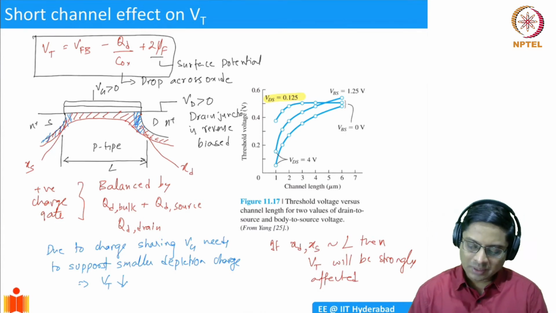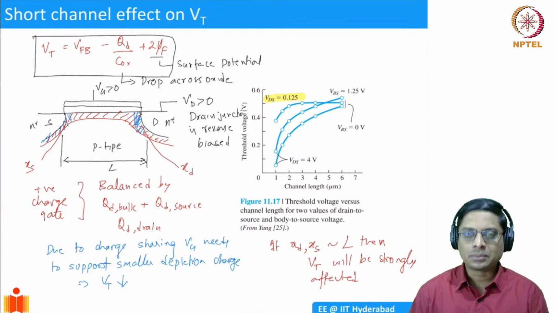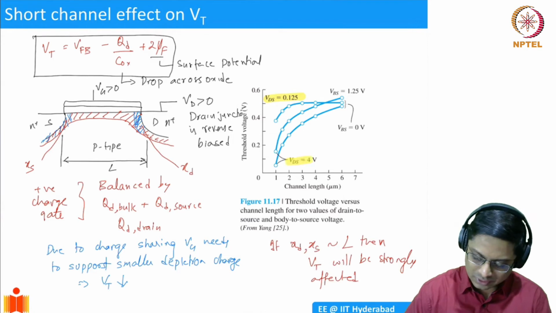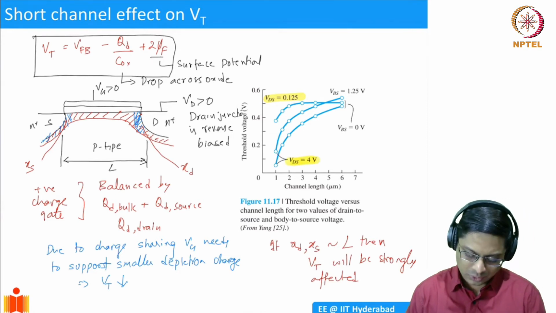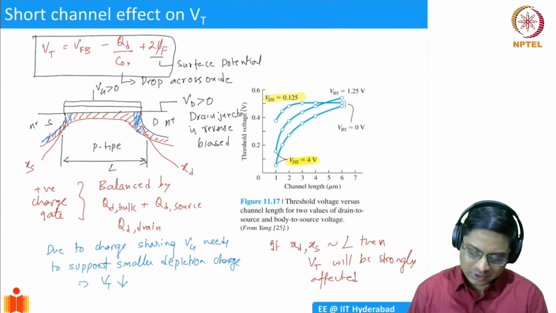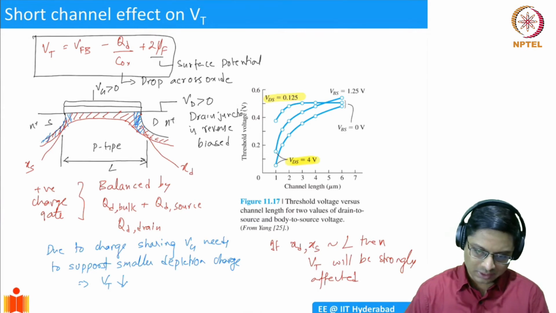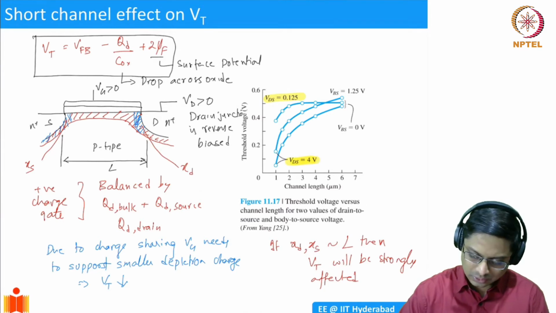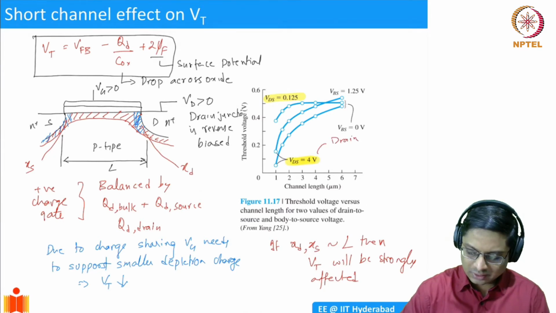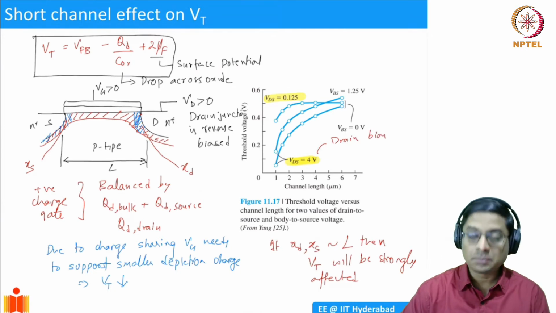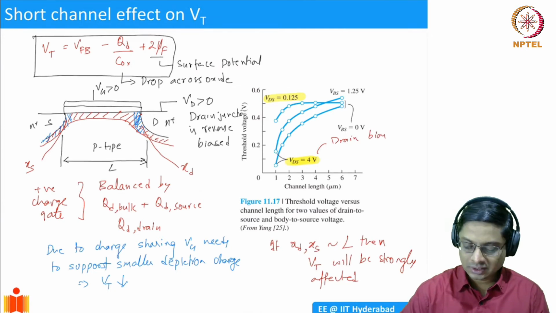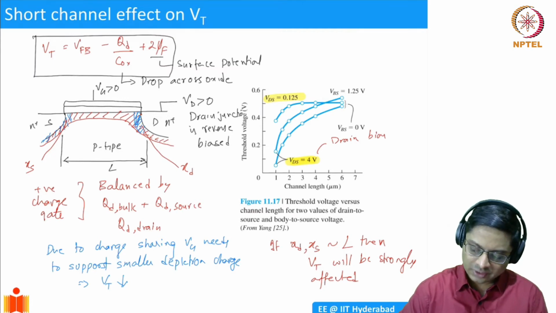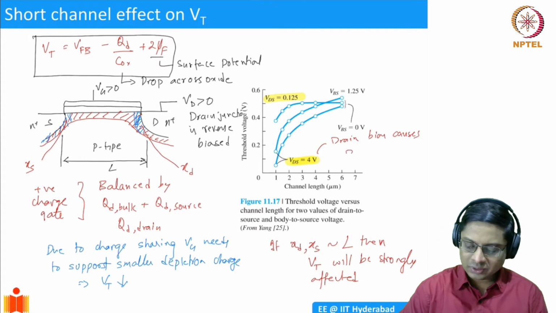Now what happens if I apply a positive drain voltage? The second case is where you have a positive drain voltage of, let's say, 4 volts. So drain bias causes the depletion width at the drain junction, XD, to increase.